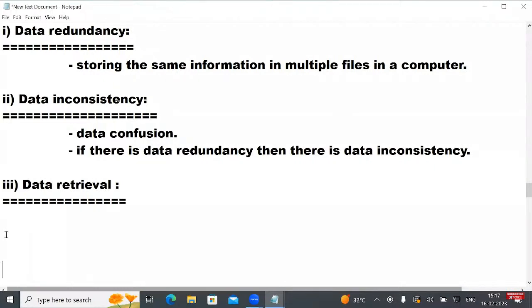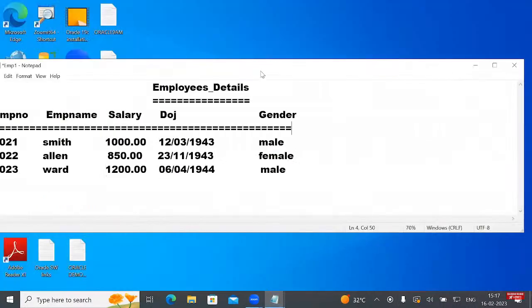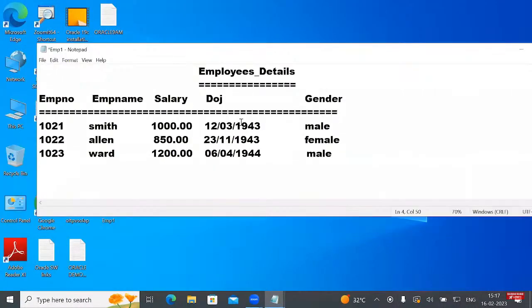Now in the flat files, suppose you need to read some data from a flat file. It's not like the user can directly go and read your data. If I want to read some data from a flat file, then people will develop an application program using the C language.